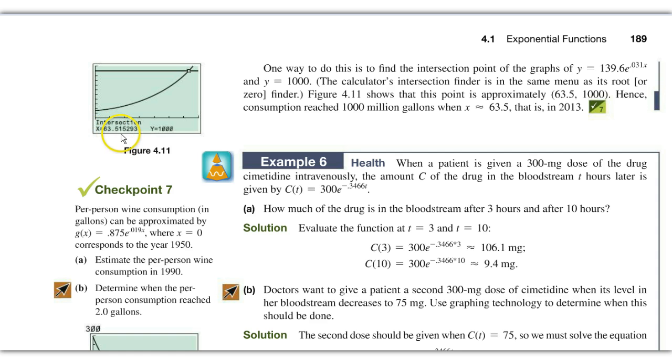It gives you y is about 1,000, and x would be 63.5, so adding that to 1950, about 2013. Okay.